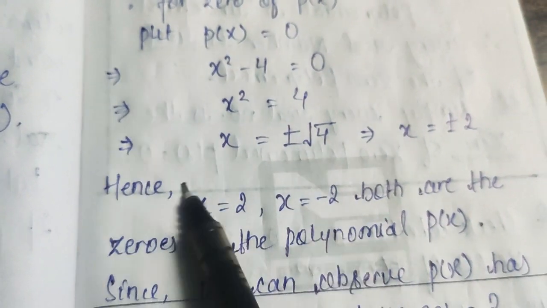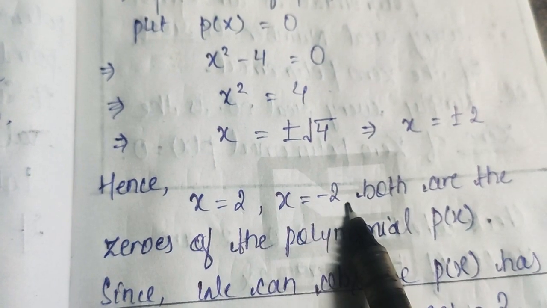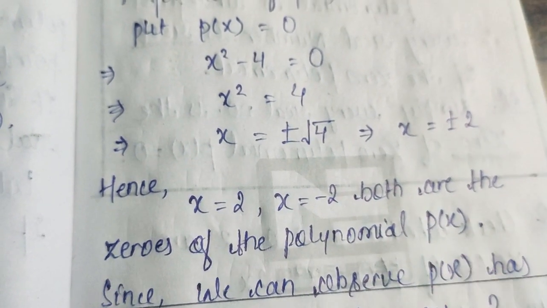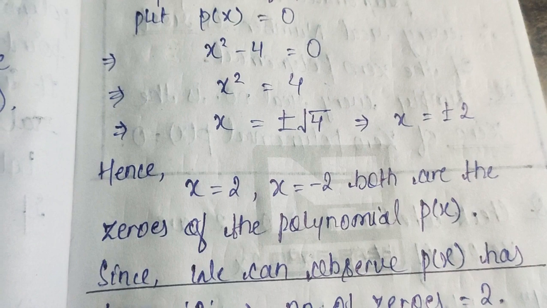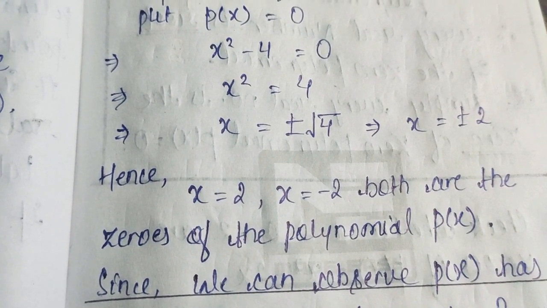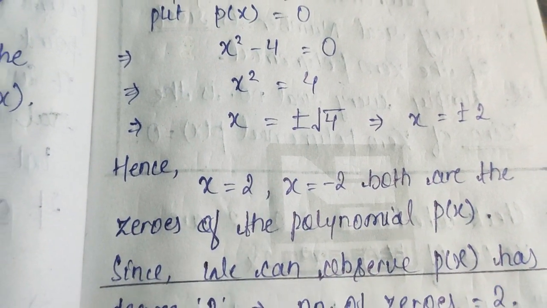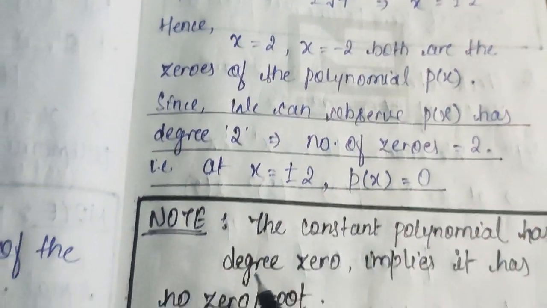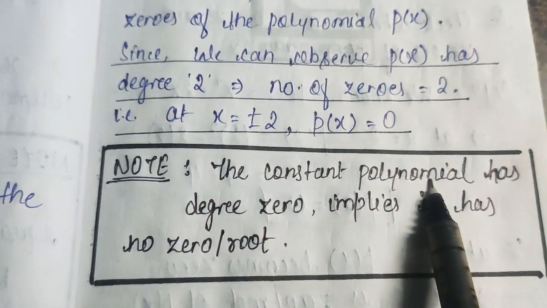So at these two points, x equals 2 and x equals minus 2, p of x becomes 0. Hence the zeros of this polynomial are x equals 2 and x equals minus 2.